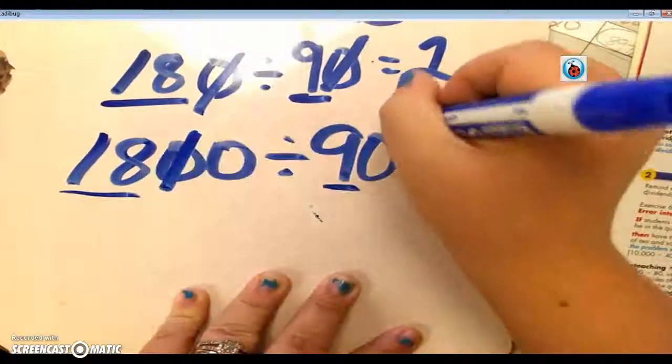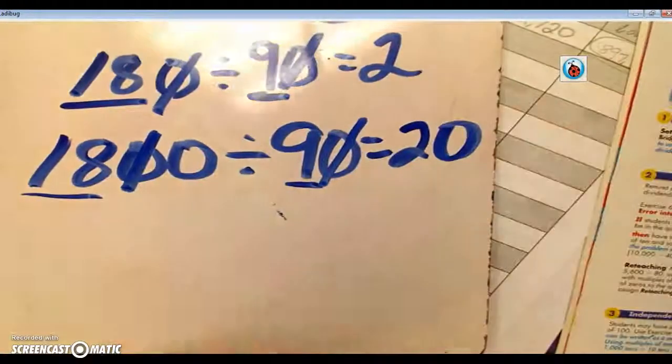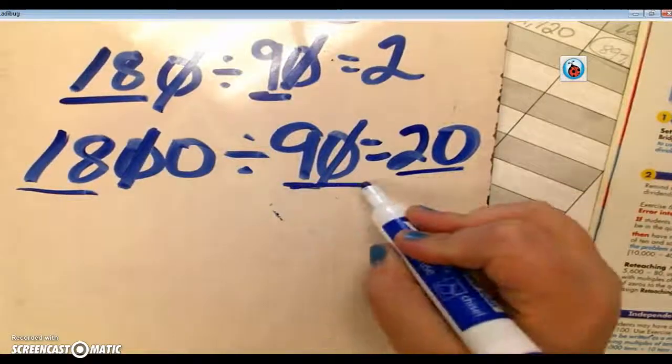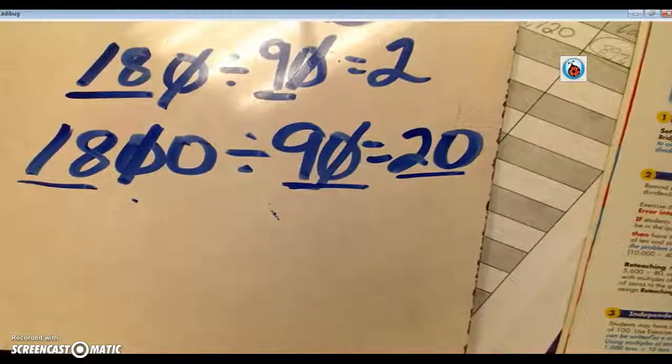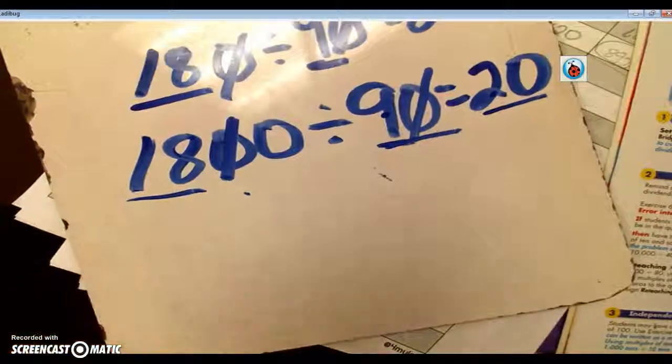This 0 cancels with this 0. How many zeros do I have left over? My answer is 20. So if I took 20 times 90, I better get 1,800. Would I? Okay. Yes, I would. 2 times 9 is 18, and I have 2 zeros, 1,800.